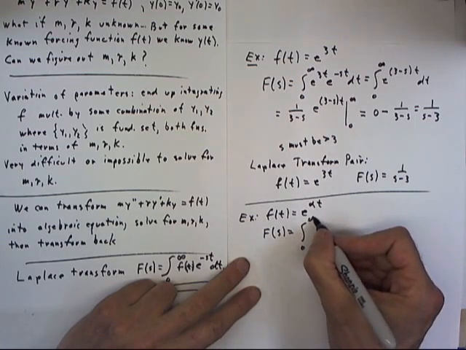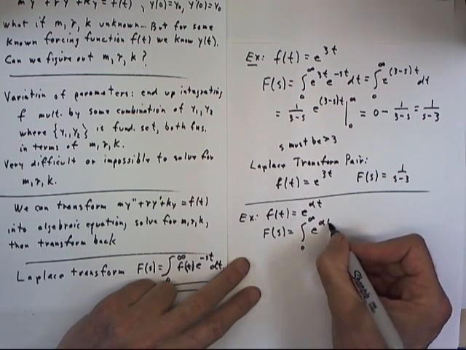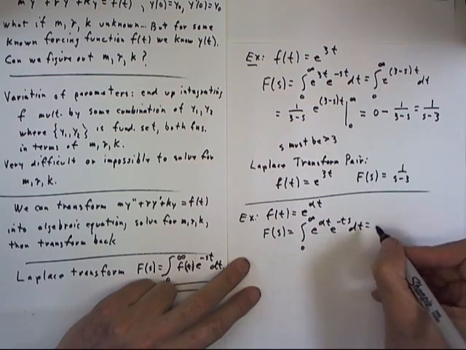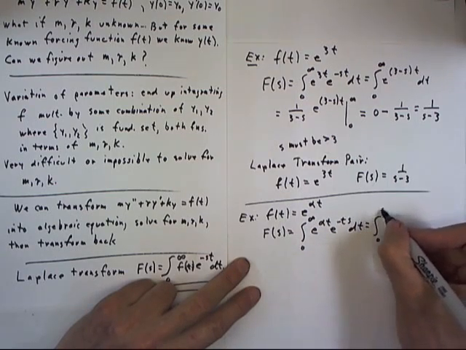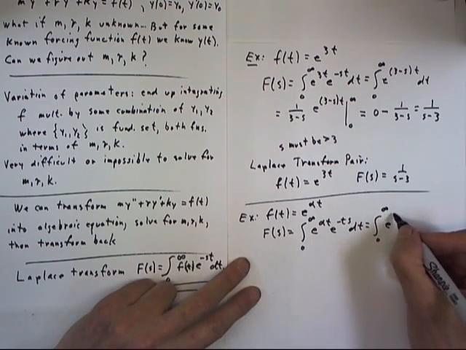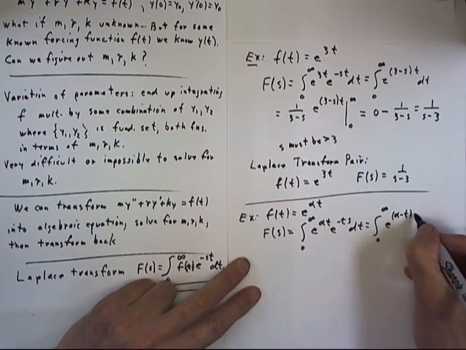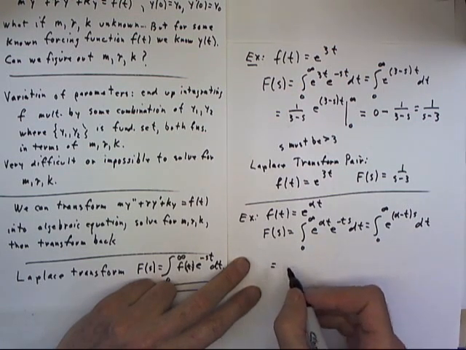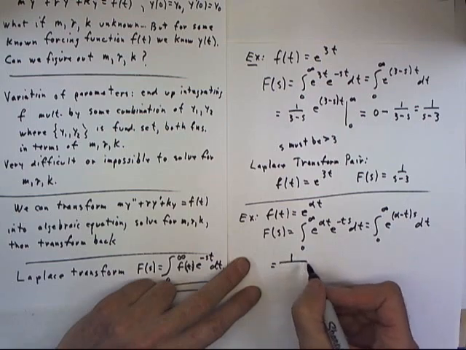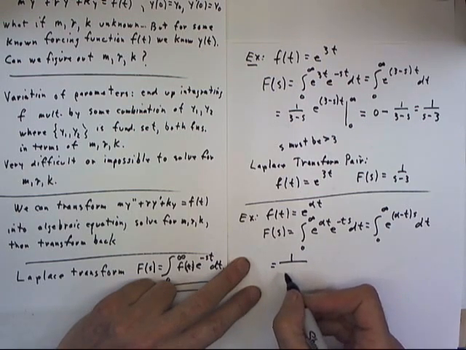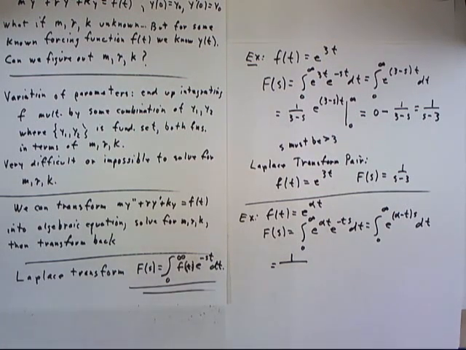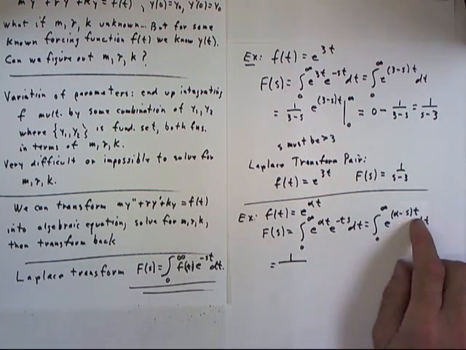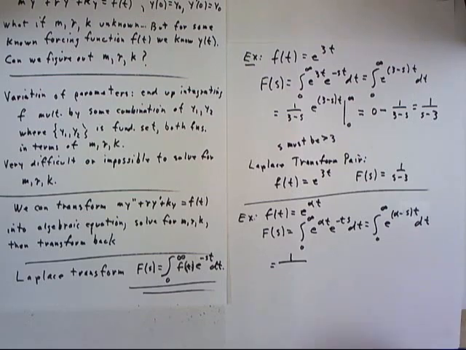So we have the integral from 0 to infinity of e to the alpha t, e to the negative ts dt, which is going to be the integral from 0 to infinity of e to the (alpha minus s)t dt, which is then going to be 1 over alpha minus s. I realized when I started to do this, I transposed the t and the s up here, obviously.